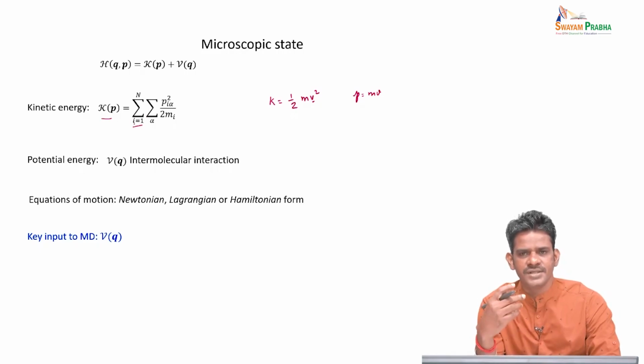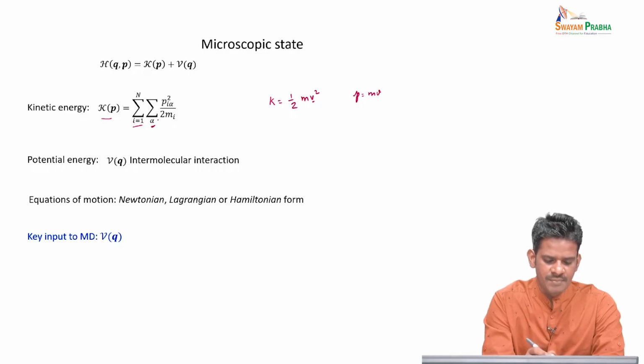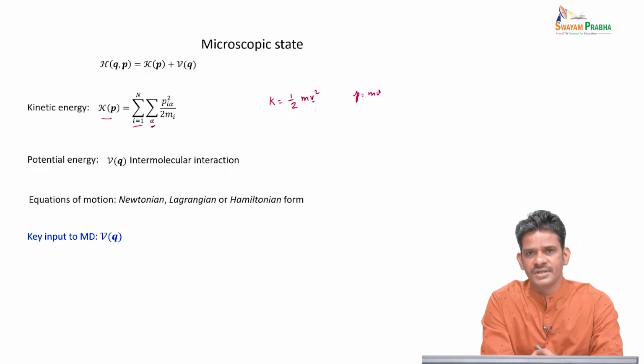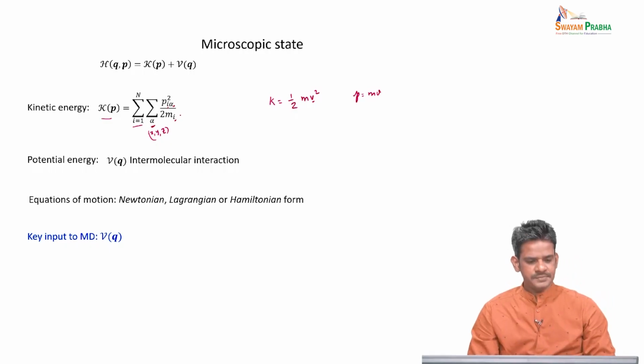The kinetic energy is calculated for the entire system, so we have to account for all the particles' contribution to the kinetic energy, and this alpha here goes over the vectorial components, which are the x, y, z components of the momentum. So p i alpha means the alpha component of the ith particle's momentum, and m i here is the mass of the ith particle.